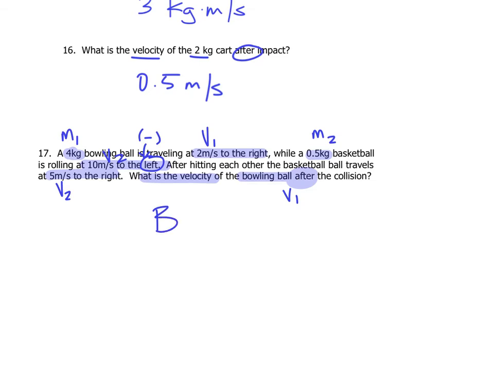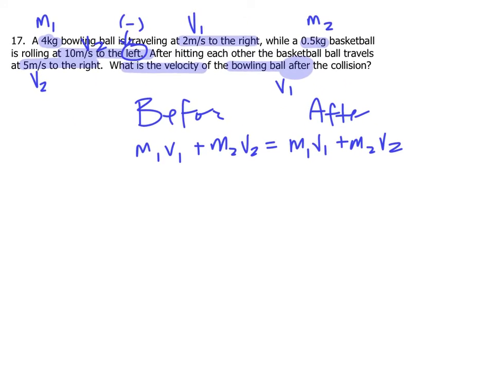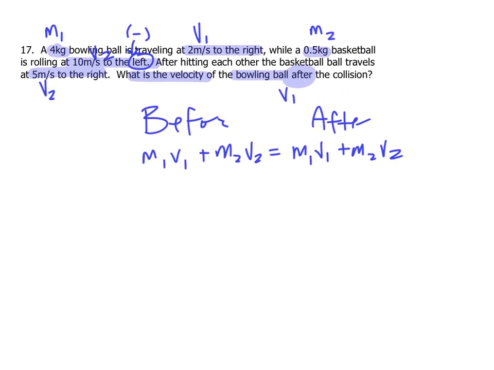So let's see. Before, I've got M1 V1 plus M2 V2 equals, and then after, I've got M1 V1 plus M2 V2. So let's substitute everything that we know.